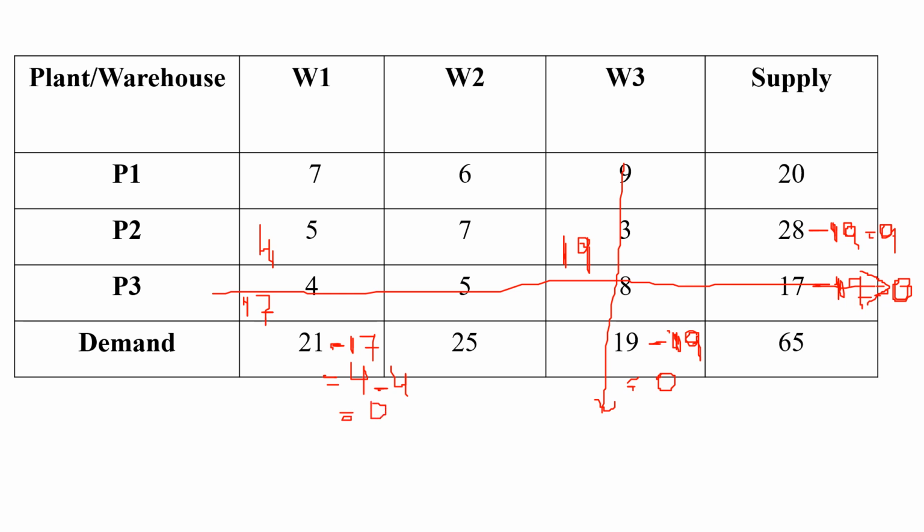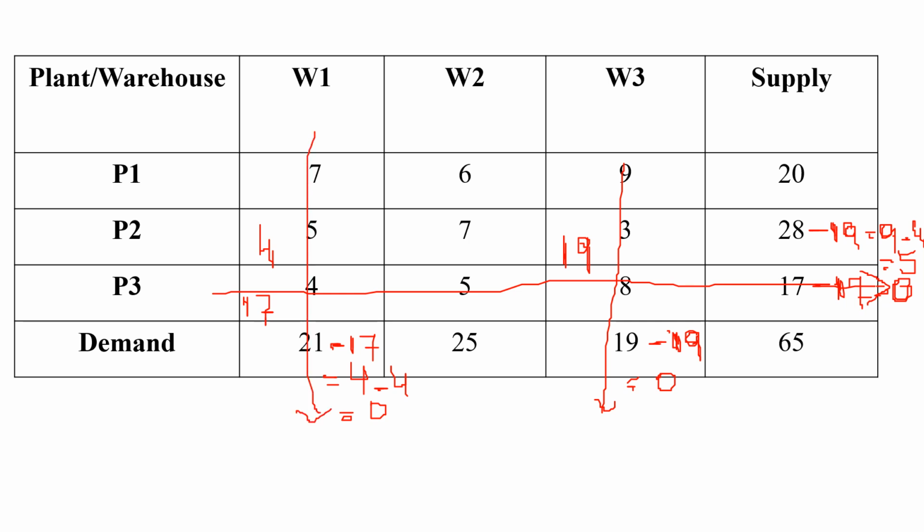It is completely satisfied. Whereas the supply is 9 minus 4, that is 5. 5 units of supply are still there for P2. But the demand of W1 has been fulfilled. So reduce W1.